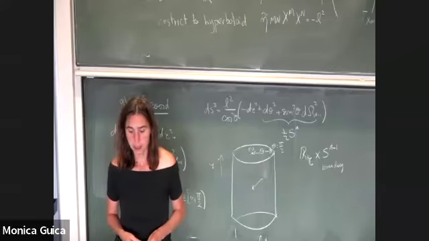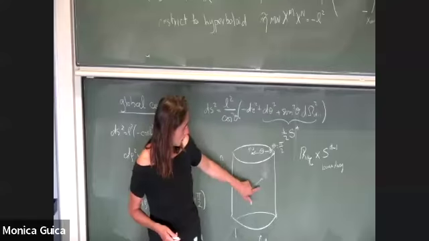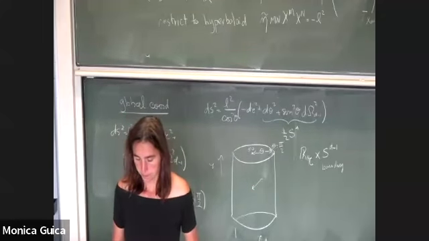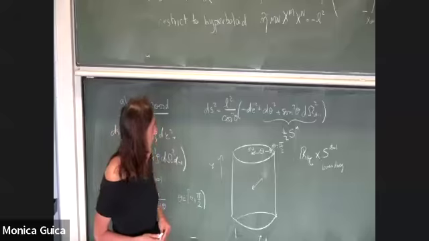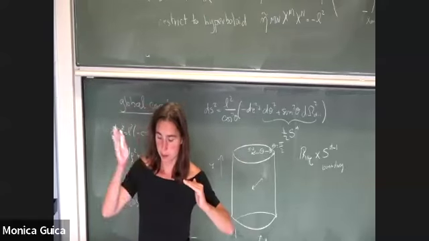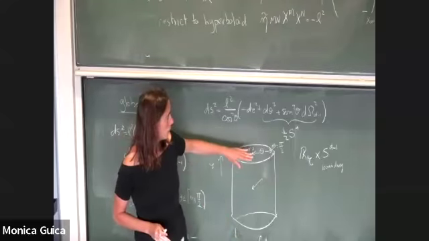And can you guys tell me how long it takes a light ray shot from here to reach the boundary? Just to help you, I'm assuming that the light ray is sent radially, okay?